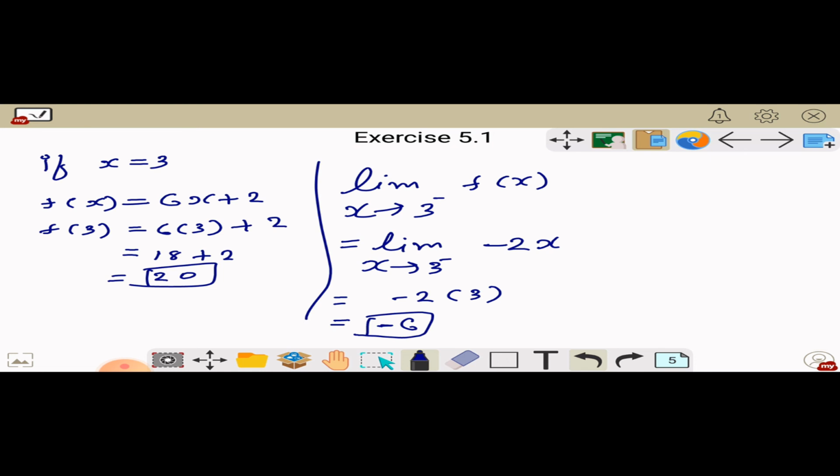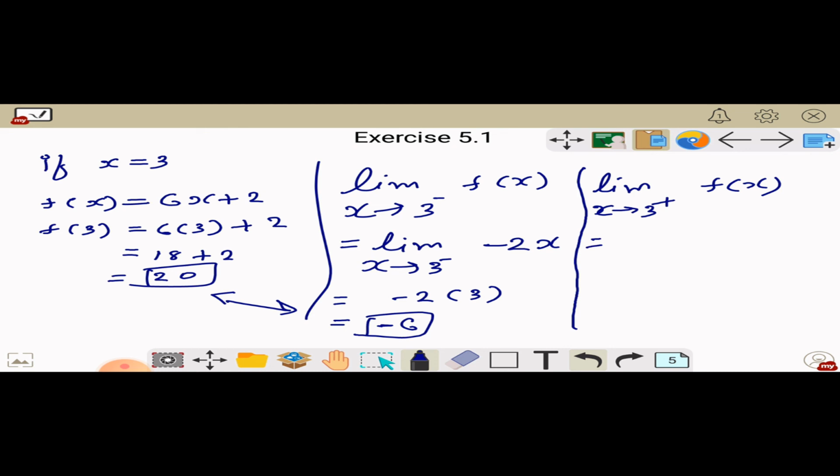Okay, and from here we can say that the function is not continuous at x equal to 3, but let me first write the right limit and after that we will conclude. We have already found the left limit, we have to find the right limit.